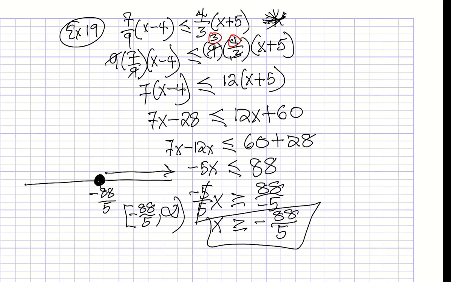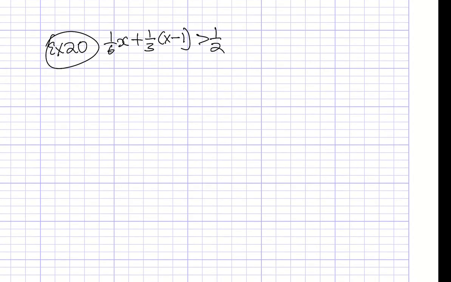So let's go to the next one. I wanna get this knocked out before I go to the application. There's an application on this too. So we do that. What does it say? It says 6 times, 1 over 6x plus 1 over 3, then that bracket, then it's greater than half.